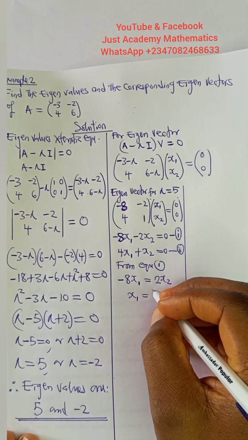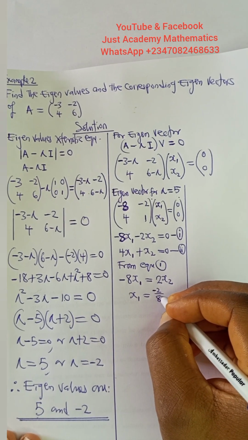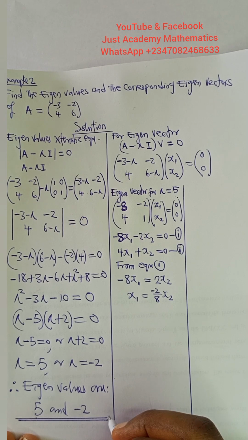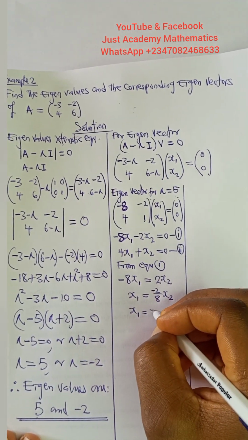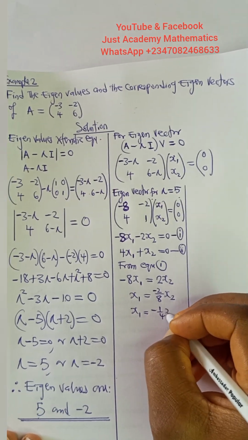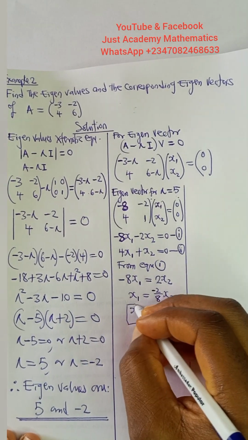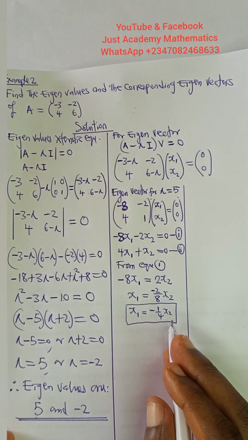We have minus 2 over 8 x2. Are you following now? Which you can reduce into x1 is equals to minus 1 over 4 x2. So this is now the value of x1 in terms of x2.